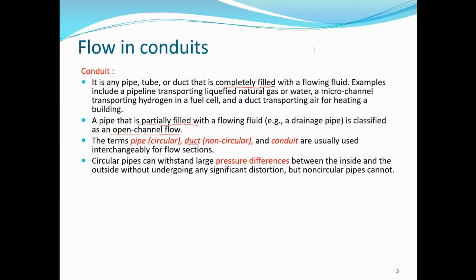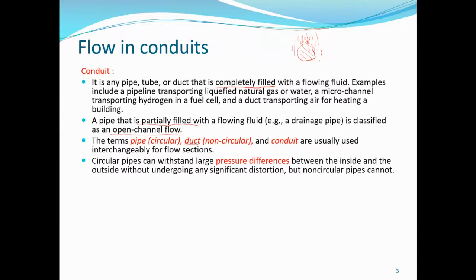When you have a pipe with water flowing, there is pressure inside, and then there is pressure due to overburden. Maybe you have soil, because pipes are usually buried under the soil. So pressure is being exerted by the weight of the soil, and there's pressure inside, so you have a pressure difference, from the flowing fluid inside the pipe and the weight of the overburden soil above the pipe.